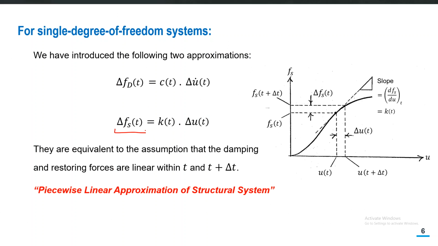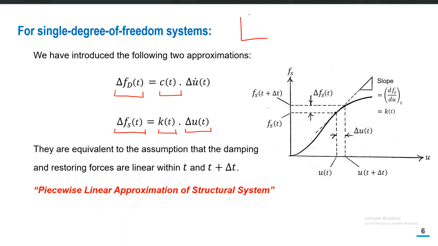delta Fs can be written as the slope at any time instant t times delta u, which is the increment in displacement. Similarly, the change in the damping force can be written as the instantaneous slope of the damping force.